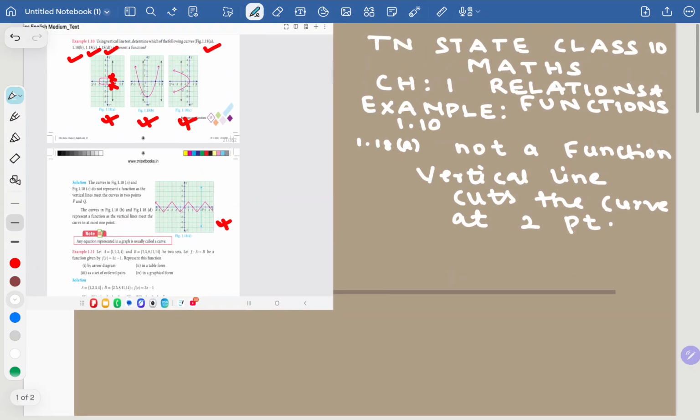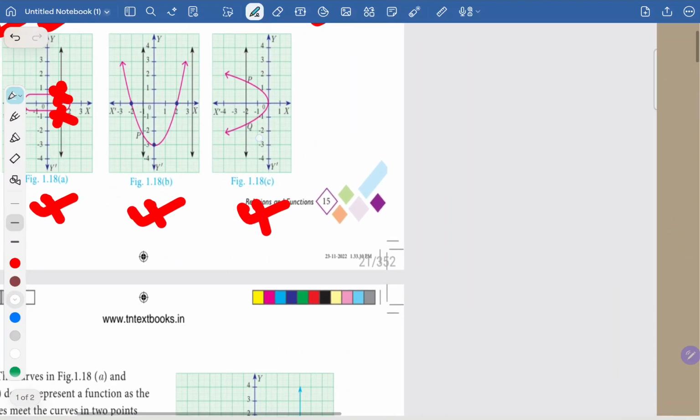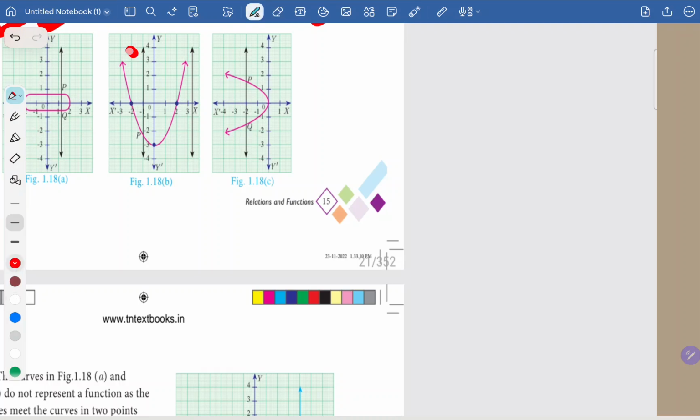I am going to the second graph, 1.18b. Here one curve is given. See the curve. One line cuts the curve at only 1 point.